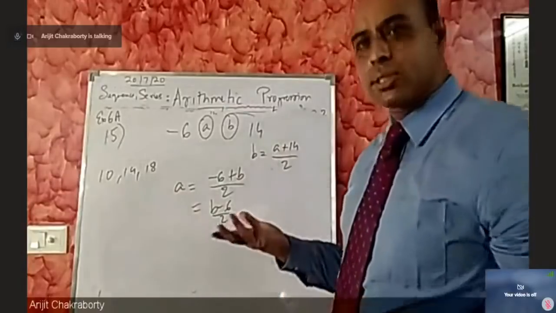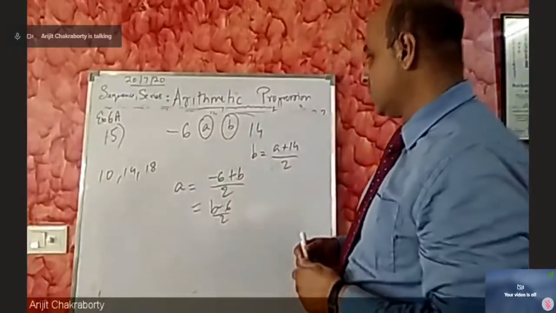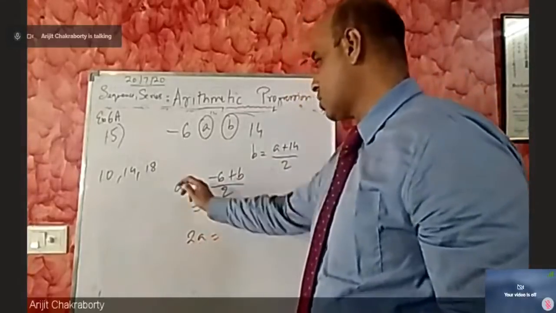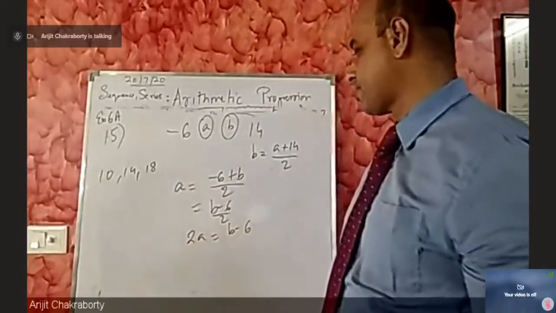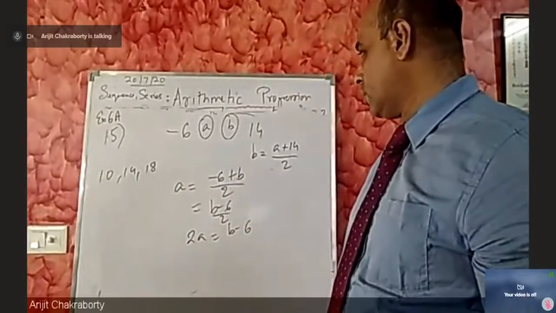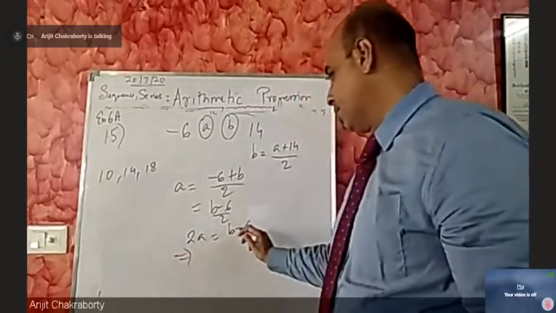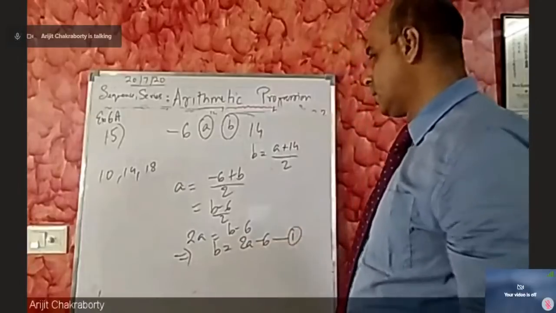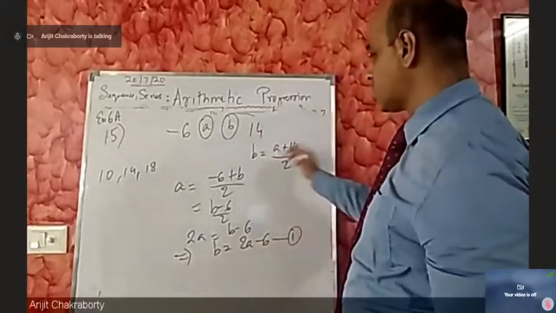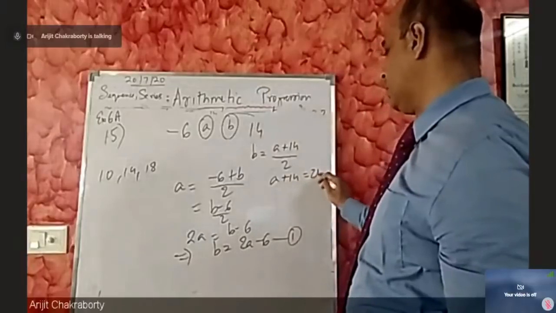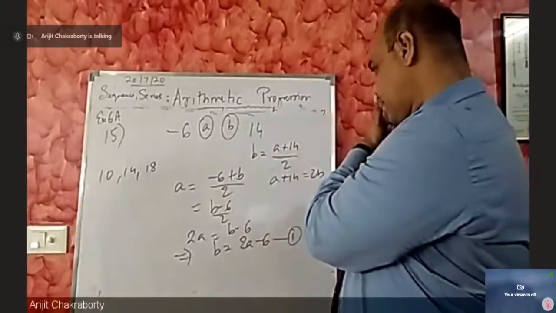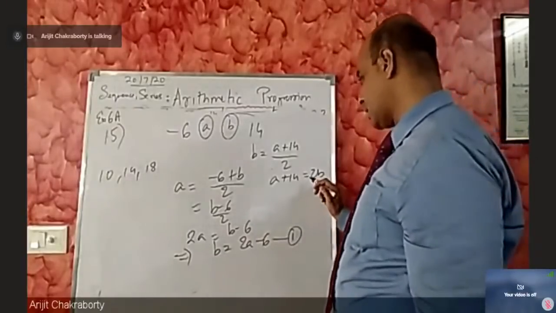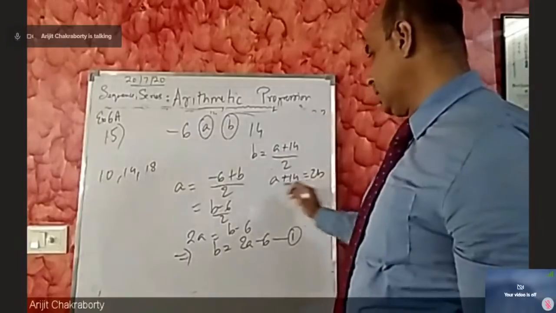So I am getting two equations. Two linear equations. First, here I am getting 2A, cross multiplying, is equal to B minus 6. Or I can put it in this way, B is equal to 2A minus 6. From here I am getting, cross multiplying, A plus 14 equal to 2B. So I can say that 2B equal to A plus 14.